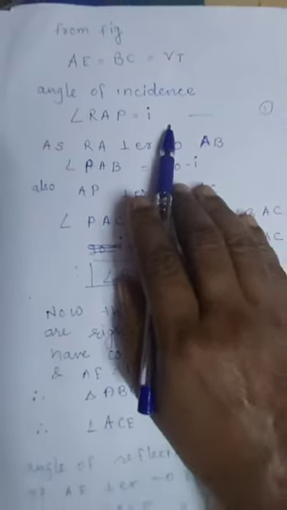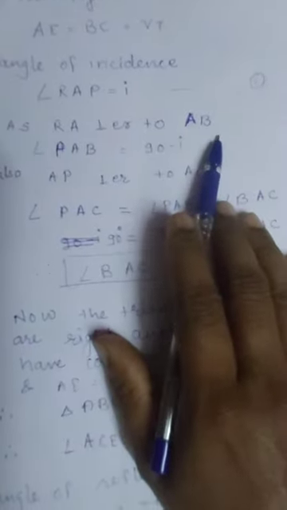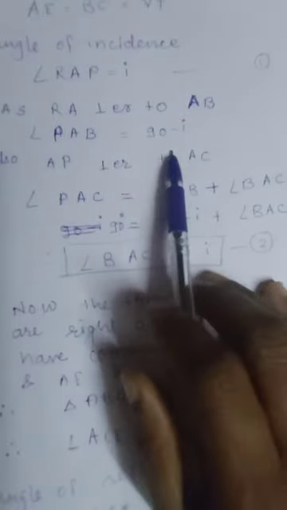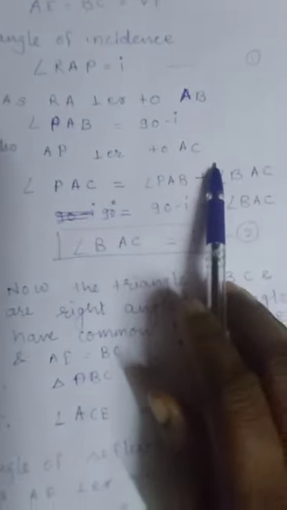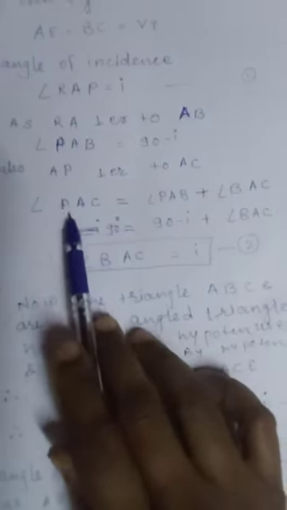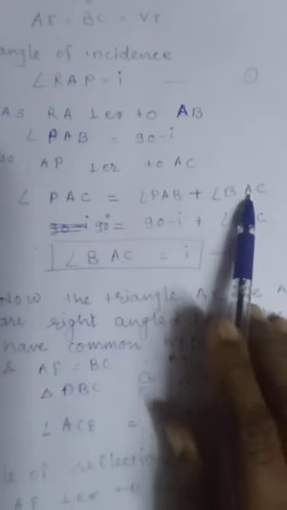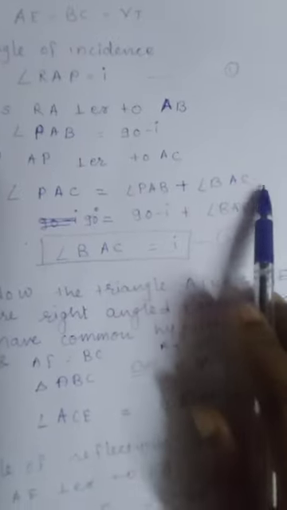And as RA is perpendicular to AB, we get the angle PAB equal to 90 minus I. Also AP is perpendicular to AC. Therefore, PAC is equal to the addition of these two angles, that is angle PAB plus angle BAC.